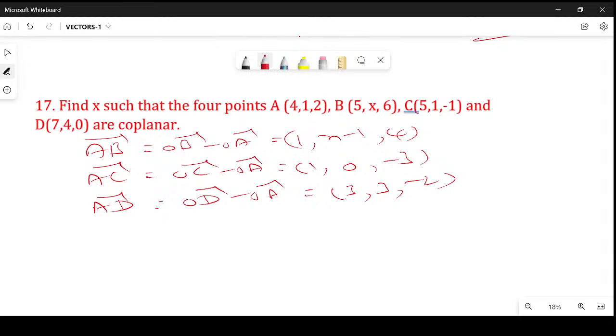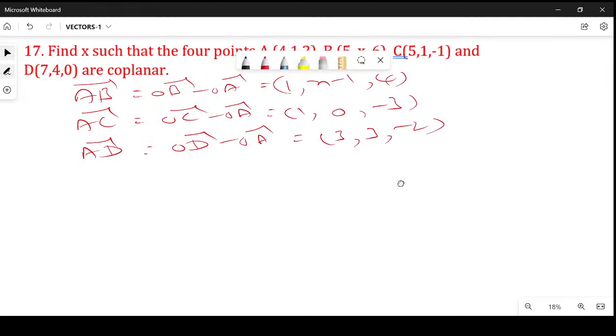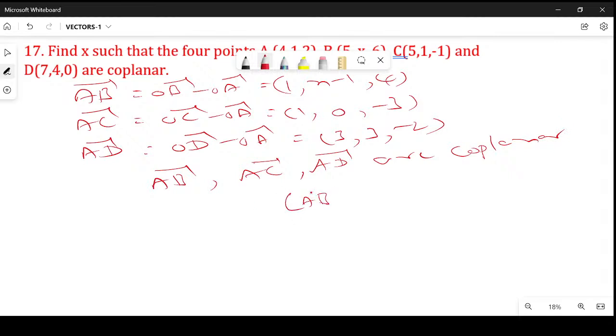Since the 4 points are coplanar, AB bar, AC bar, AD bar are coplanar. Given that AB bar, AC bar, AD bar are coplanar, you will get box AB bar, AC bar, AD bar equal to 0.